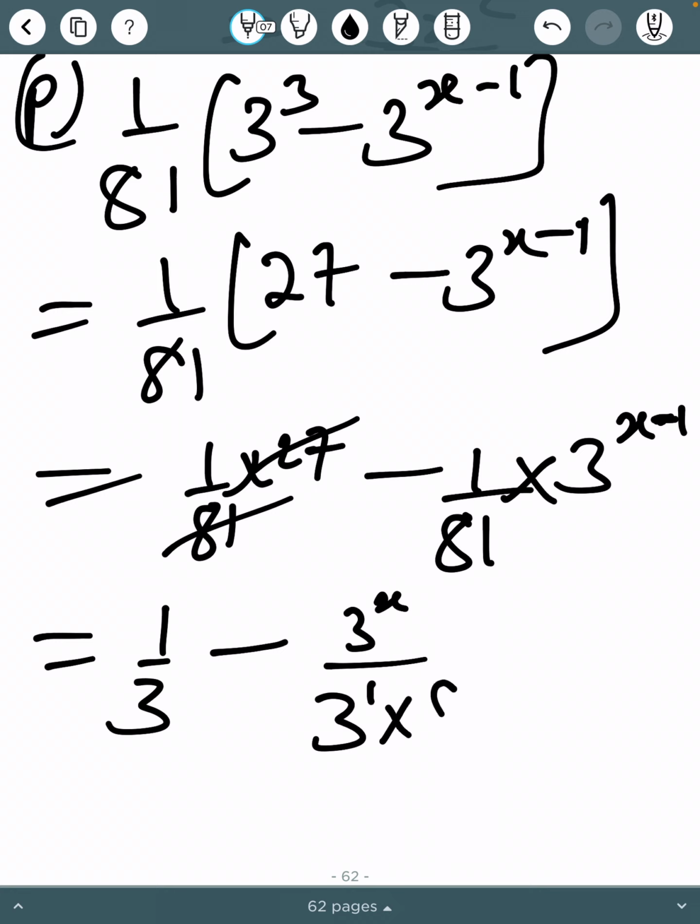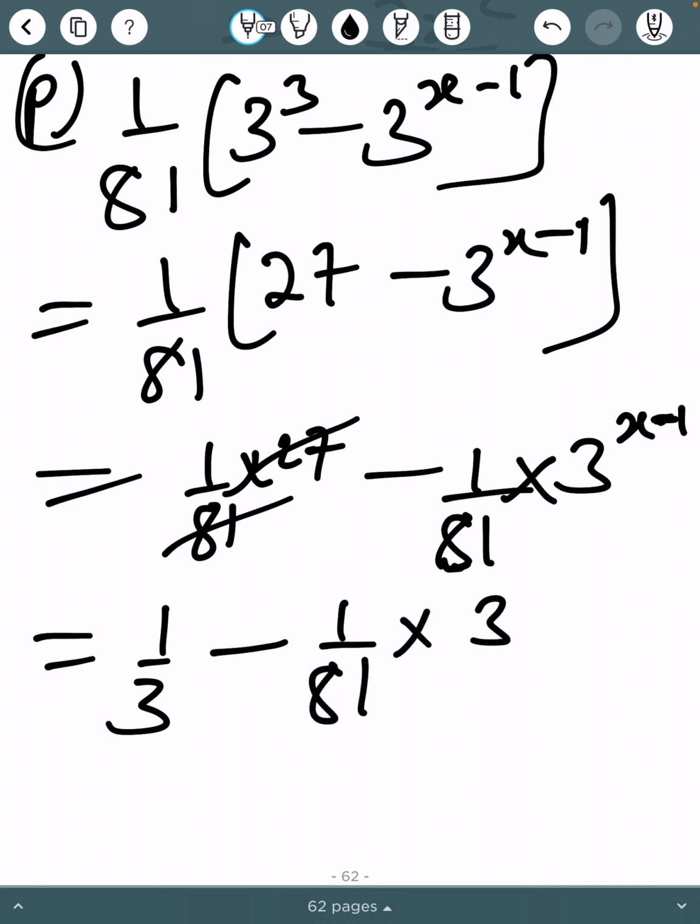Then there's another 81 there. I think I should write that step by step. So let me just write minus 1 over 81 times 3 raised to power x divided by 3 raised to power 1. This is where 3 raised to power x minus 1 came from. It is 3 raised to power x divided by 3 raised to power 1 that gives you 3 raised to power x minus 1.